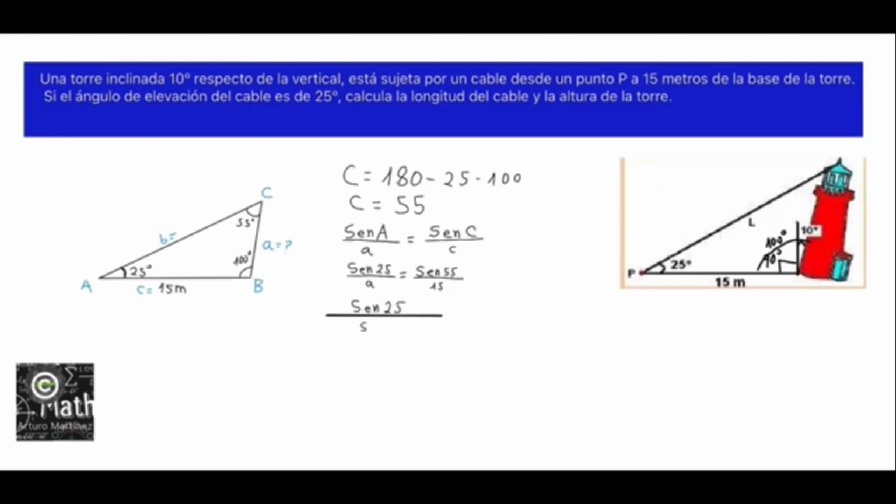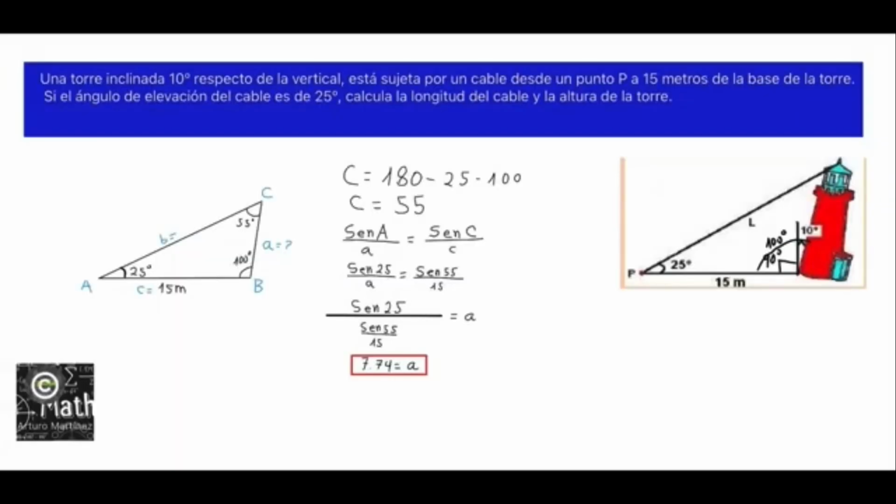The sine of 25 divided by the sine of 55, times 15, is equal to the length of A, which when entering it in our calculator gives the result 7.74. We have not yet placed it as an answer, but we can now proceed to find the length of the cable.